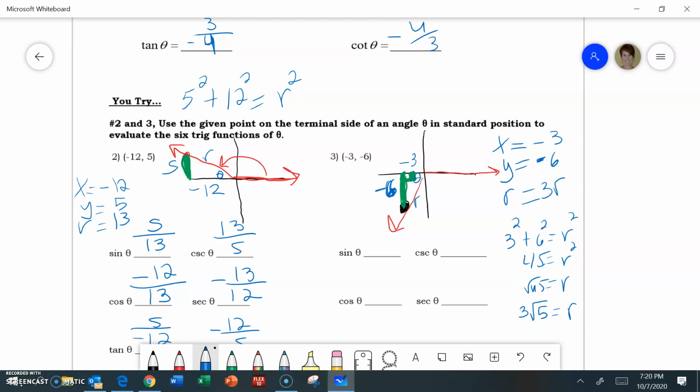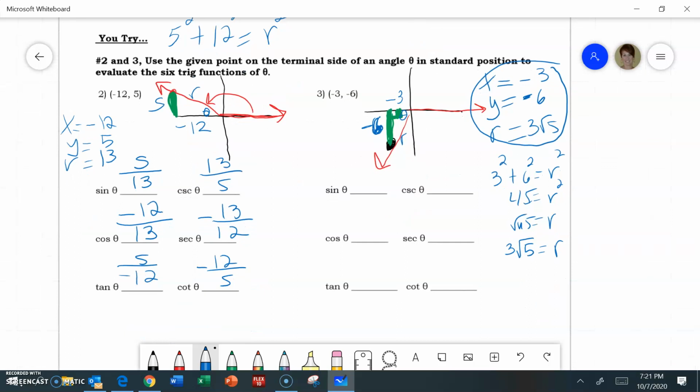So what we have going on here are the pieces of information that we need to fill in our trig ratios. So let's hammer this out here. So our sine, once again, would be opposite, which is -6, which happens to be our y-coordinate, over the radius. Uh-oh.